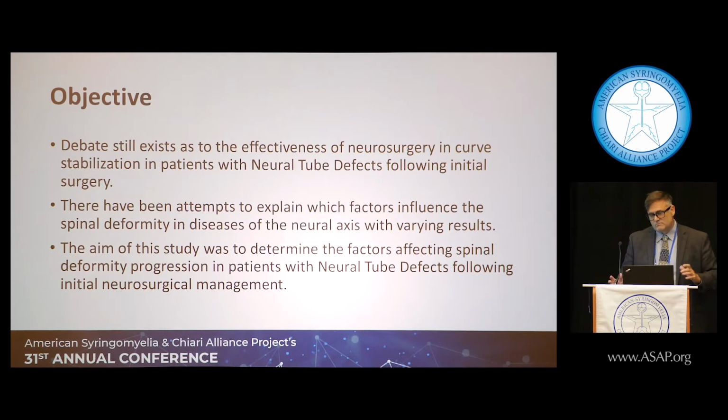So the intent of this talk was to basically discuss curvature of the spine and when patients need fusion or stabilization of the spine based upon progressive angulation of that spine.